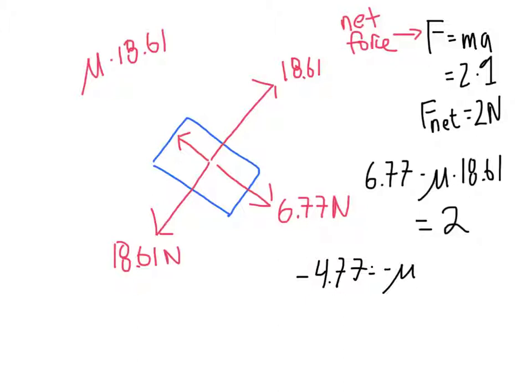Mu and 18.61. Yielding a coefficient of friction of 1.26. Notice how the coefficient of friction is a unitless quantity because it's simply a ratio of two forces, the force of friction and the normal force, the stickiness between two surfaces, and this all looks good.